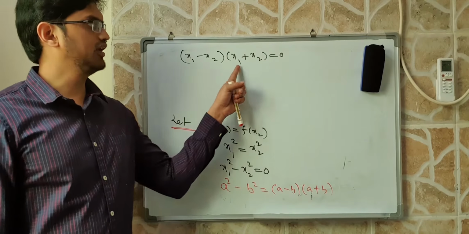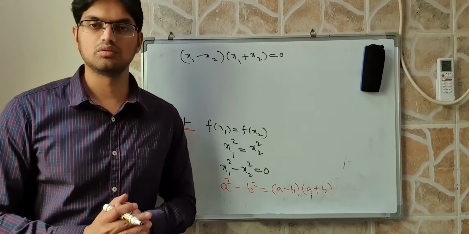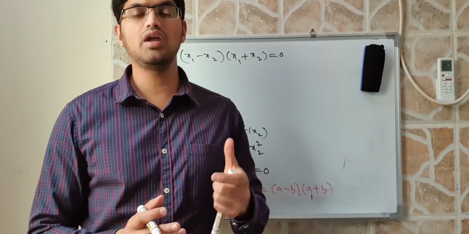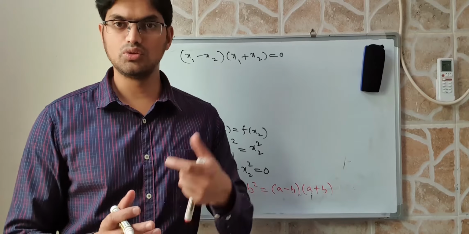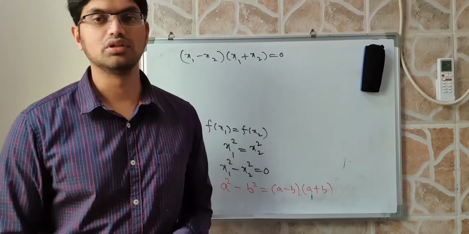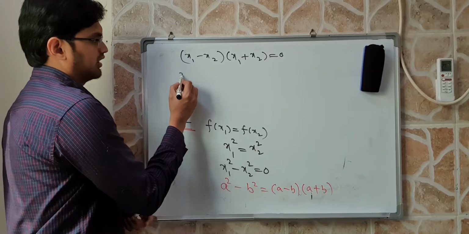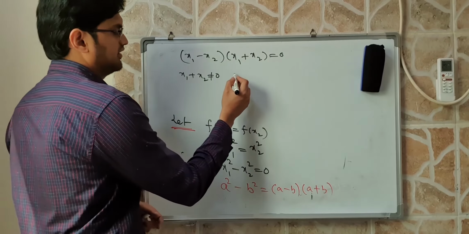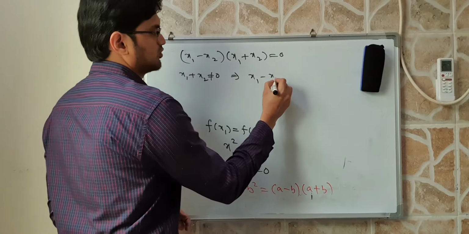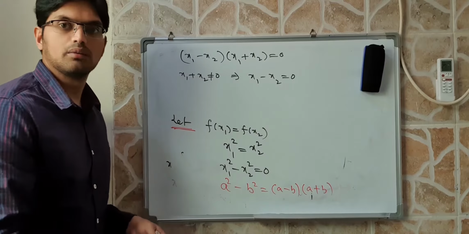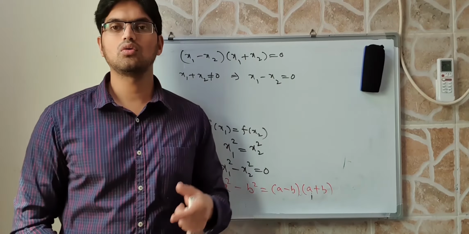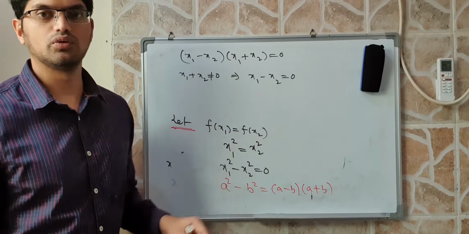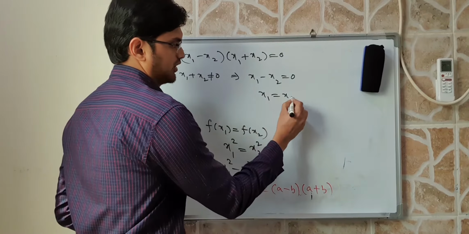See, these x1 and x2 are natural numbers. Can you add any two natural numbers and get 0? No, not possible. So therefore x1 plus x2 cannot be 0. This implies x1 minus x2 should be 0. Why? Because when the product of two numbers is 0, one of them should be 0. So x1 minus x2 equal to 0. This implies x1 is equal to x2.